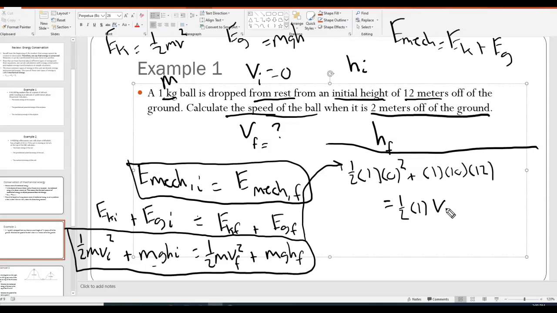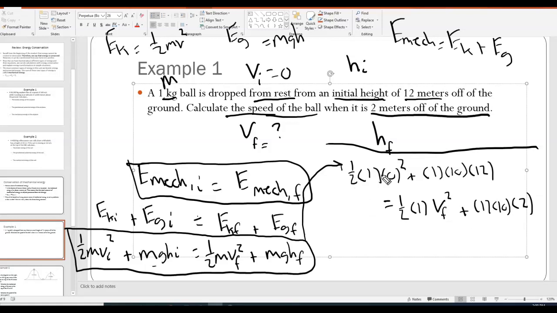We don't know v final, so I leave that in the equation. That's what I'm solving for. Plus mgh final, which was 2.